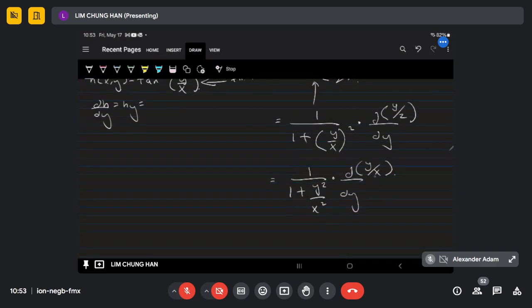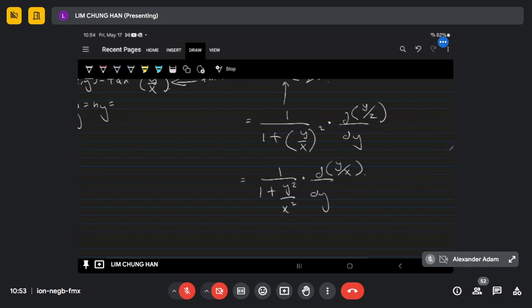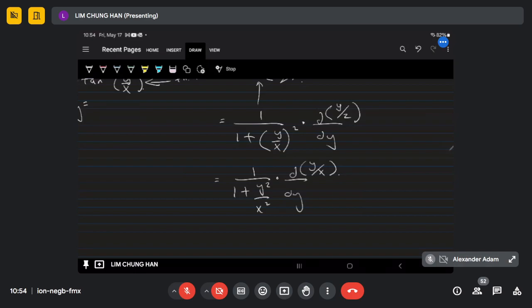So if x is a number, you just have to differentiate y. We're differentiating against y now. What do you get when you differentiate against y? This is y to the power 1. The y goes missing, right?